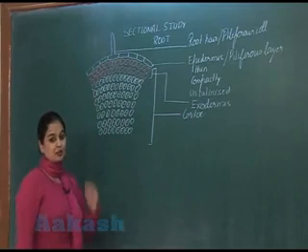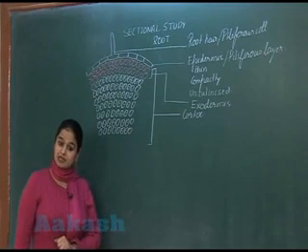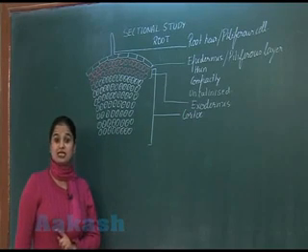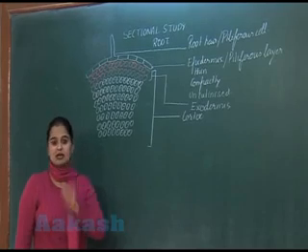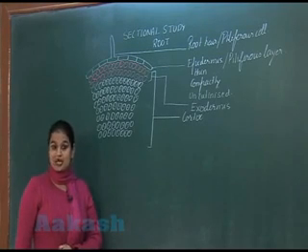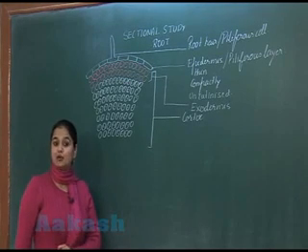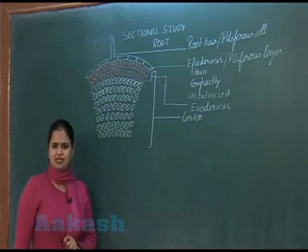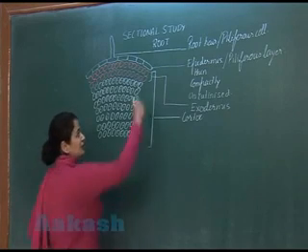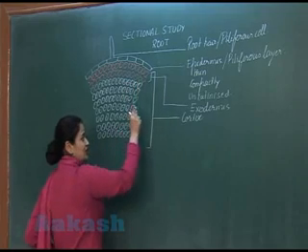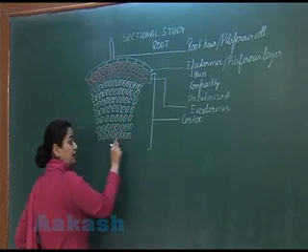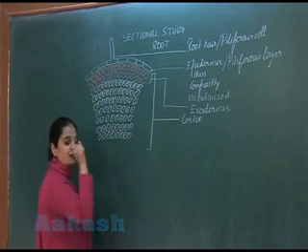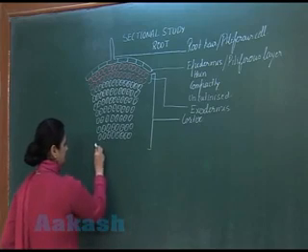Now the innermost layer of the cortex. The innermost layer of cortex consists of a single layer of thick walled cells, and this single layer of thick walled cells represents endodermis, a very very important layer. So this is the outer region, this is the middle region, and now the innermost part of the cortex, I am forming it here.